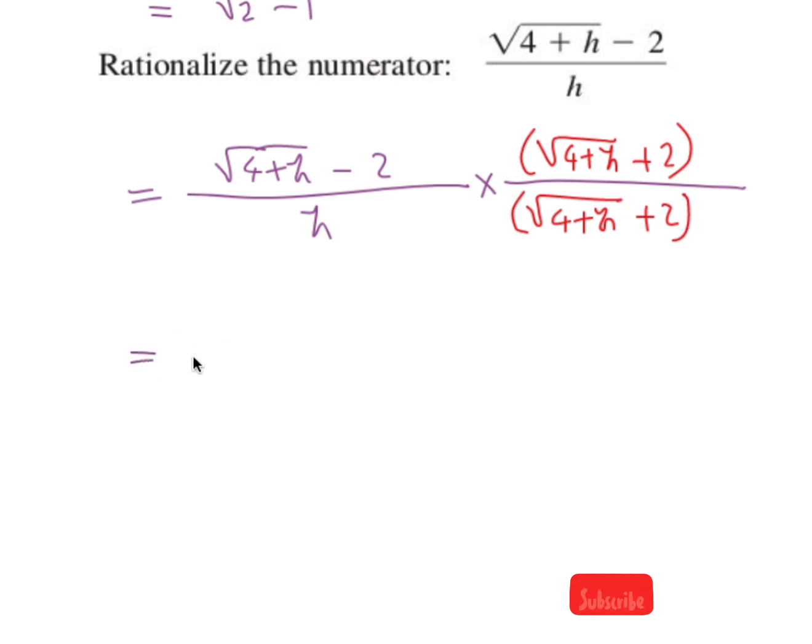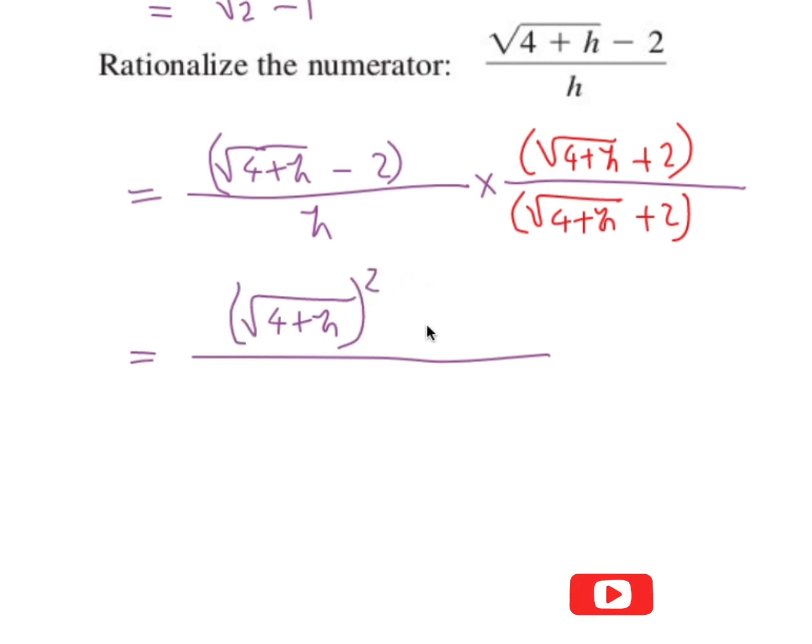Okay, so simply now multiply numerator with numerator and denominator with denominator. So here this is a minus b times a plus b, so a square minus b square, and here simply multiply. If you have any doubt, please ask me.